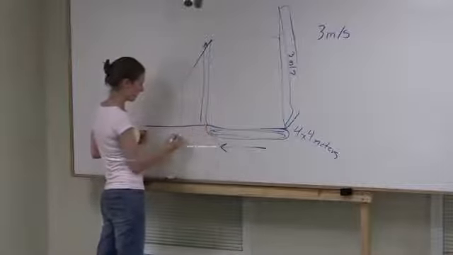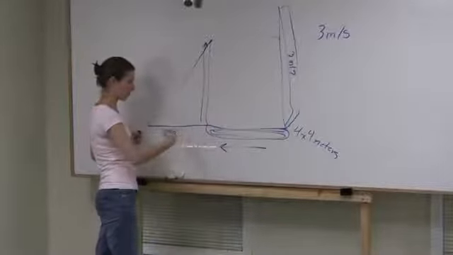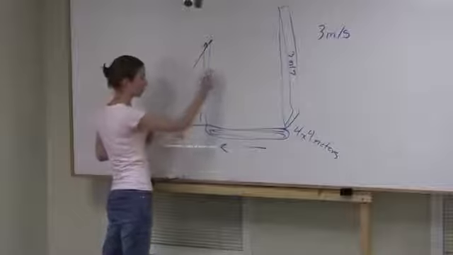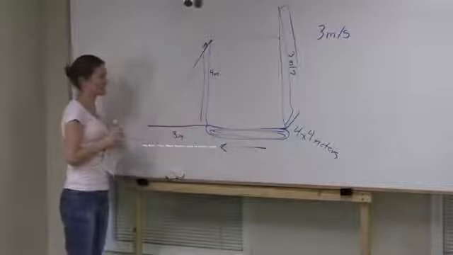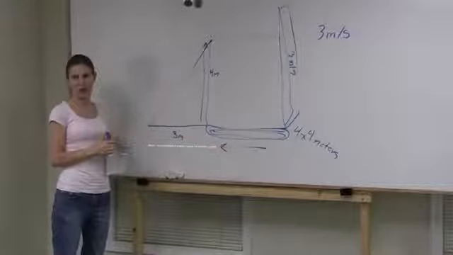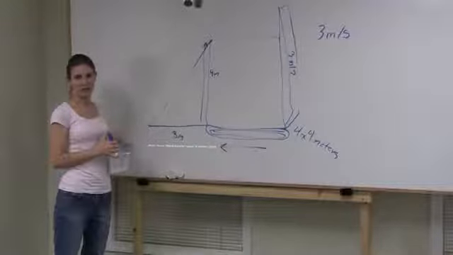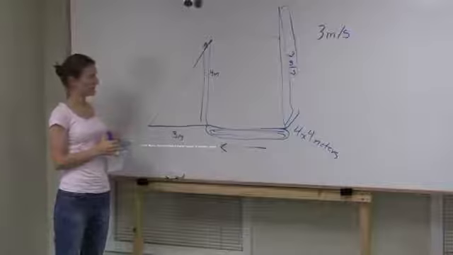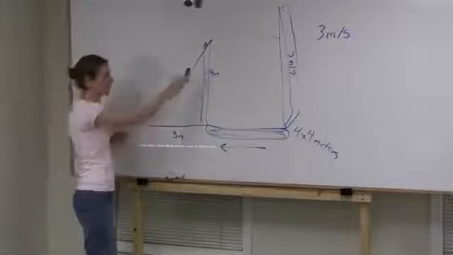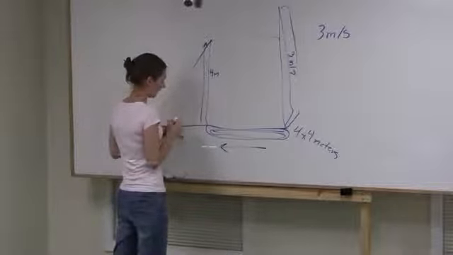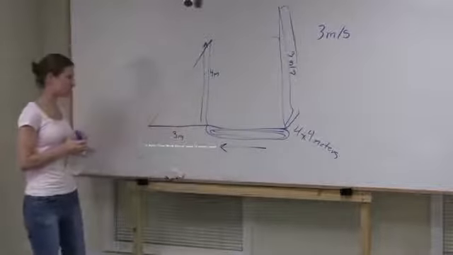So in 1 second, the treadmill takes him 3 meters down. He's trying to run to a target that's 4 meters in front of him. So how many meters does he actually have to run? 5. Yes, he actually has to run 5 meters to make it to this target. So in 1 second he runs 5 meters.